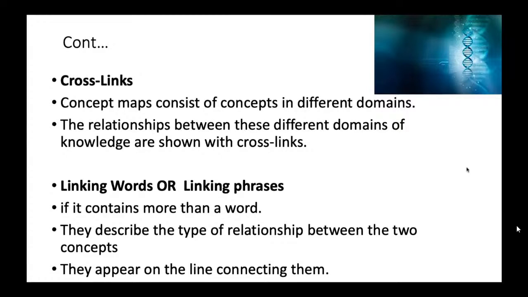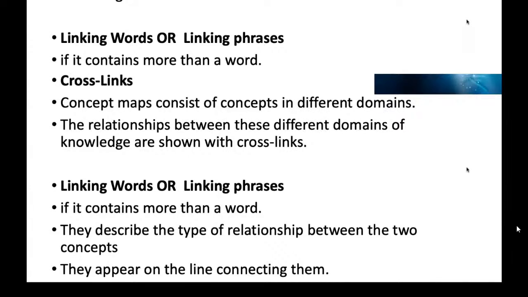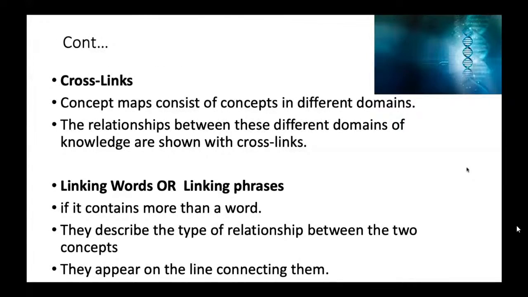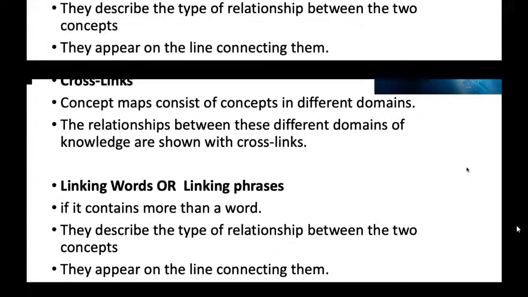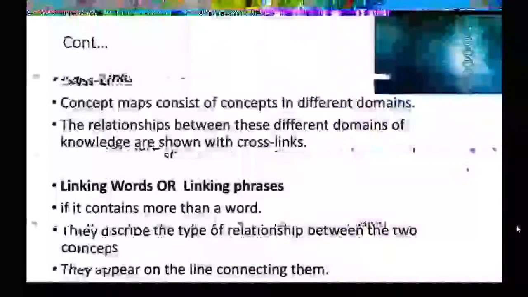I'm just giving an example which is just coming to my mind. If you are teaching machine design in electrical engineering, AC machine and DC machine, the stator part and the rotor part, you may have a different concept map for a stator and a different concept map for a rotor, but there may exist cross links. The relationship between these different domains of knowledge can be shown using cross links. It is very much possible.